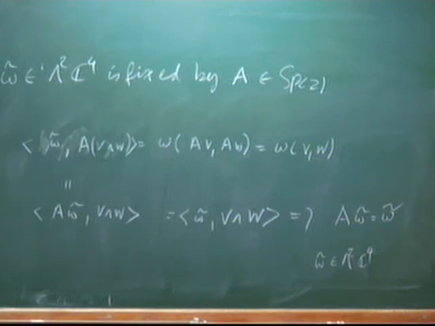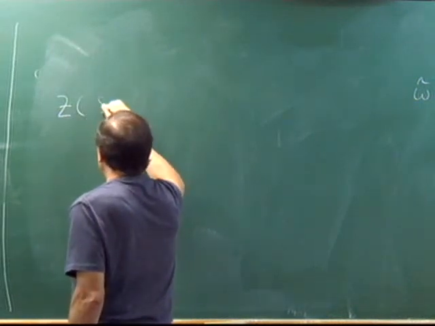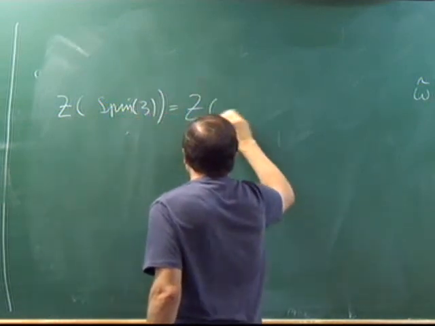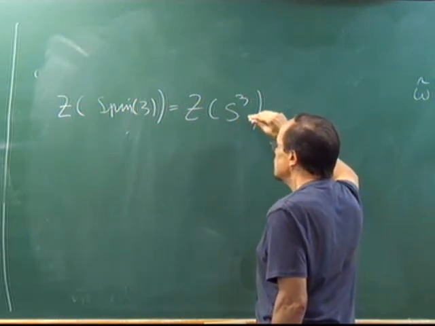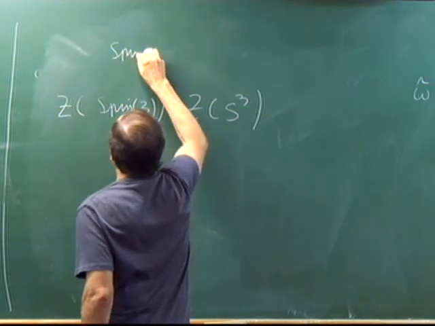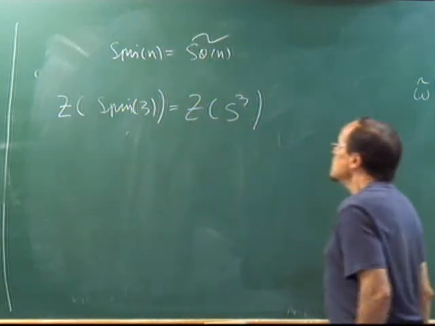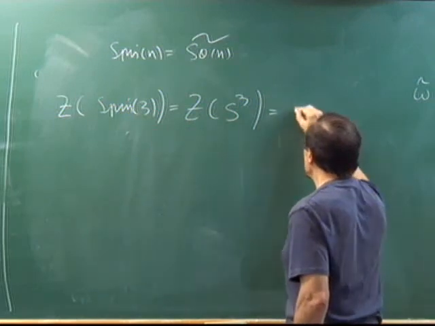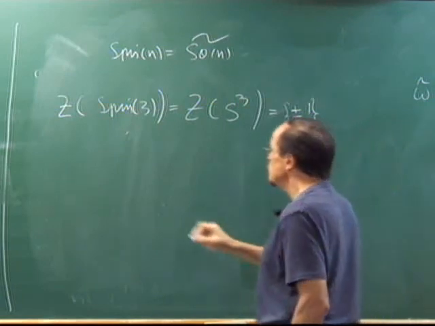Another thing this illustrates is something about the center of the spin groups. What do we know? We saw Spin 3 was S3, a 2-fold cover of SO3, and the center is plus or minus 1, so it's Z2.